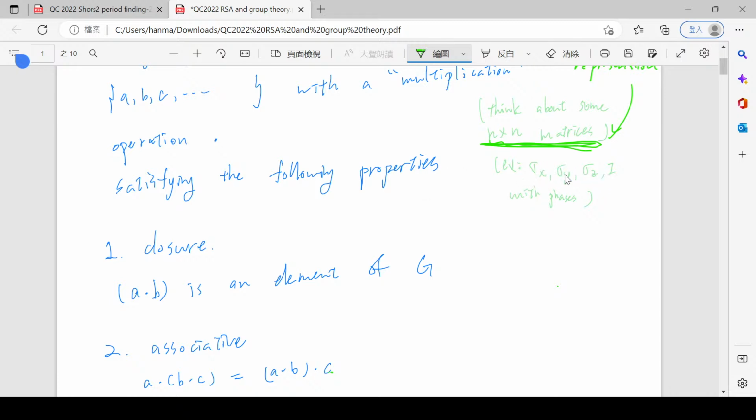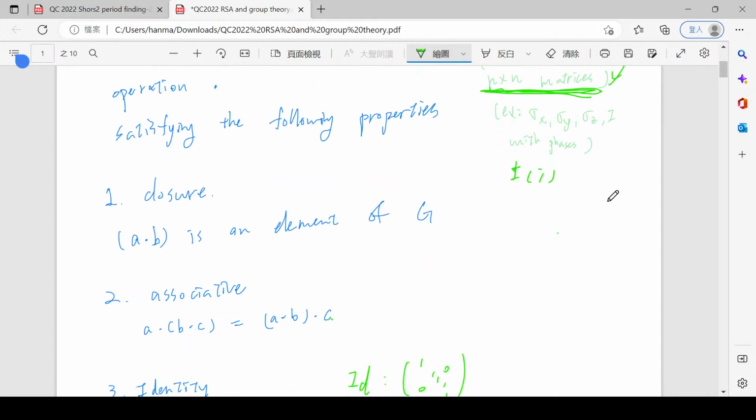If you have sigma x, sigma y, sigma z, and the identity matrix, that's called a Pauli group, modulo some phase like i or plus minus. Why? Because we have closure. Sigma x times sigma x will equal the identity, so that's in the group. And sigma x times sigma y, if you still remember, will be sigma z times a phase, and all the cyclic things. So it has closure, and obviously the multiplication is matrix multiplication, so that's associative.